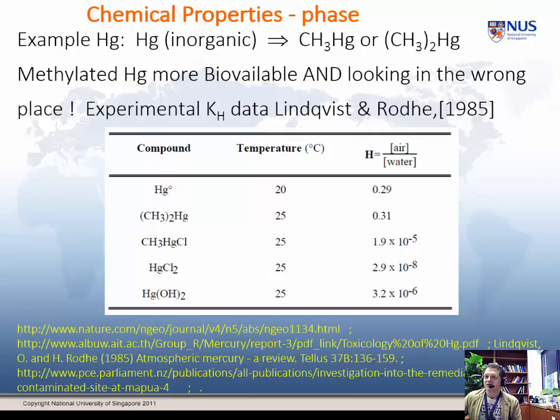It won't be as mercury metal anymore. It will be in the river or the soil water or the atmosphere as methyl mercury. The references here are where the data's come from, and you can see the speciation of the various compounds, or rather their Henry's law constant.